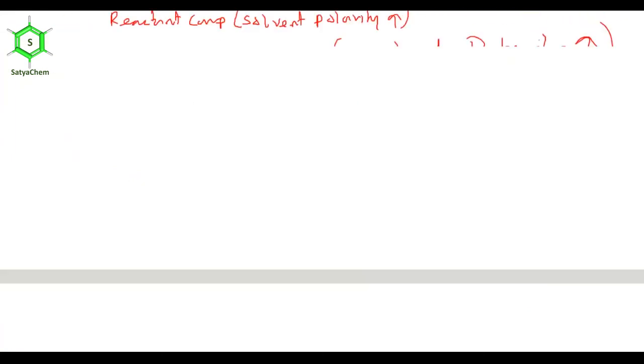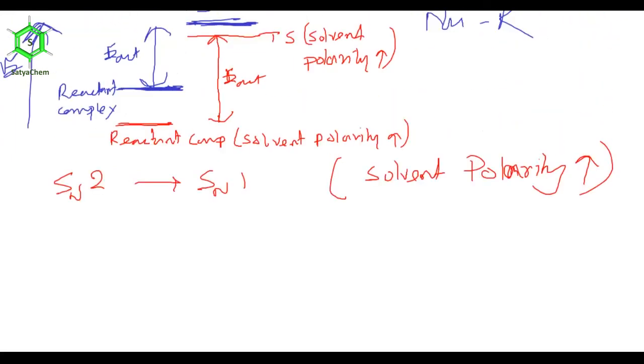Now we'll see another problem that happens in SN2 reaction if you increase the solvent polarity, or if the solvent is polar protic solvent. Suppose the nucleophile is a hard nucleophile, meaning the nucleophile is small and there is one unit negative charge. If one unit negative charge exists in a small system, then the charge density will be high.